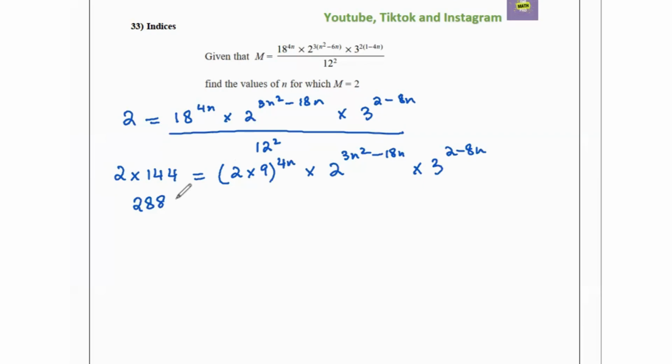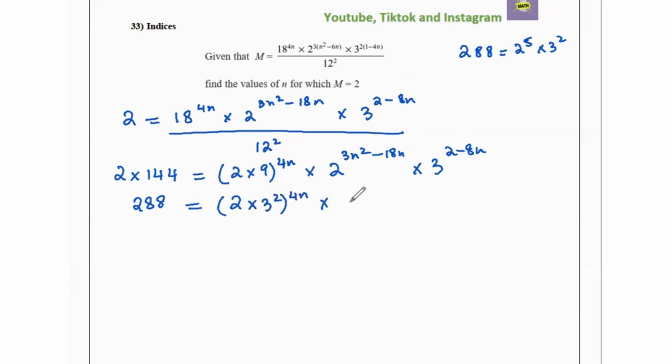So 288 is basically 2 to the power of 5 times 3 squared. That's what 288 is. So we can rewrite that as 2 to the power 5 times 3 squared. Over here, I'm going to rewrite 9 as 3 squared.